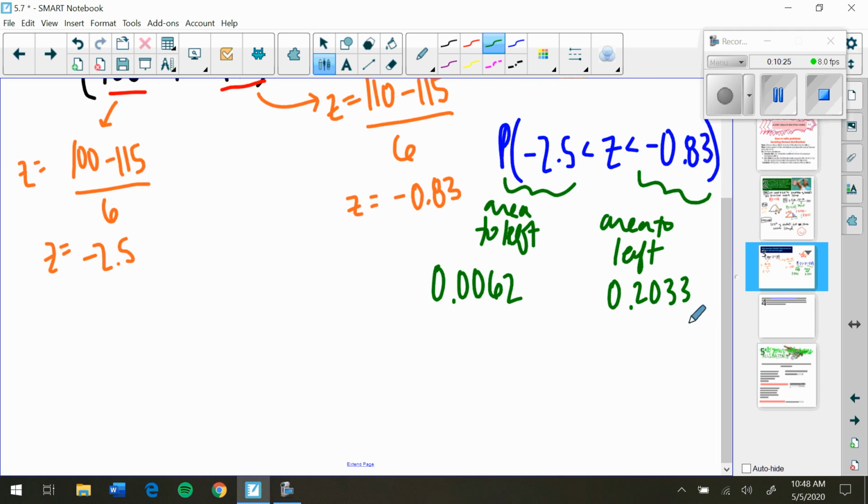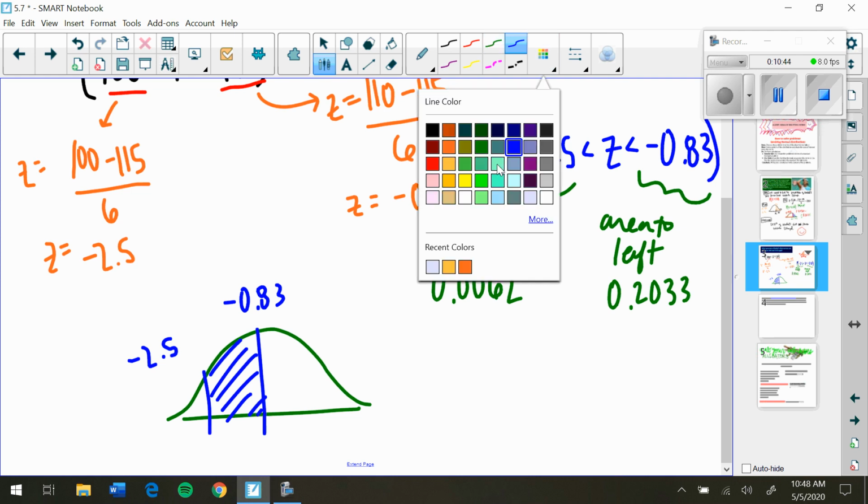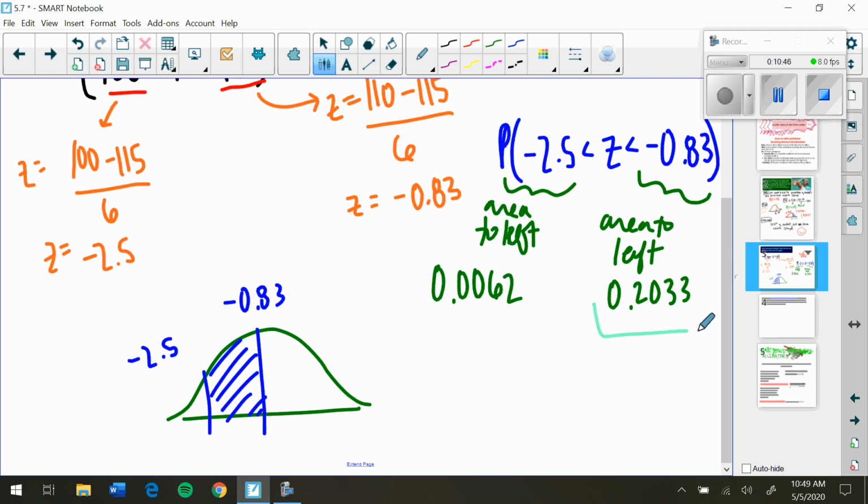And so I'm just going to re-emphasize what we just figured out. Here's 1, let's say this is negative 0.83, and here's 2, negative 2.5. I want this. Remember, 20.33% is all of this area, and the 0.62% is just this little guy.